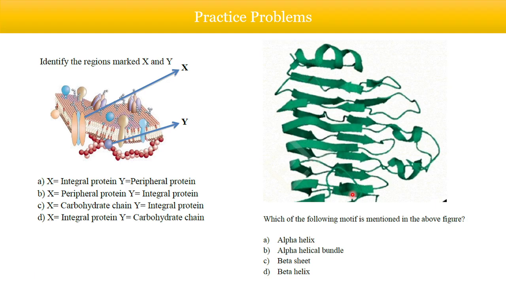So what do you see from over here? Is it an alpha helix motif or an alpha helical bundle, beta sheet, beta helix? What does it look like?